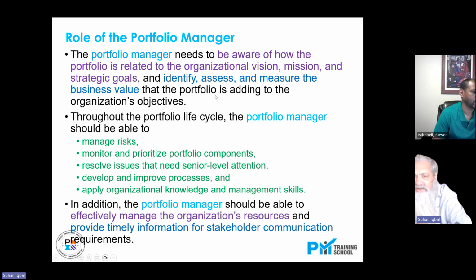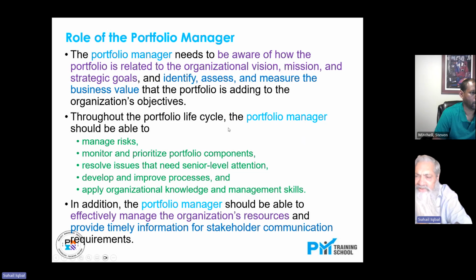That is where you will identify that maybe there is some change in the direction of the organization, and you may have to fix things. Nobody is going to tell you that a new strategy has come and now you should realign things, but you are supposed to keep an eye yourself on all those things.